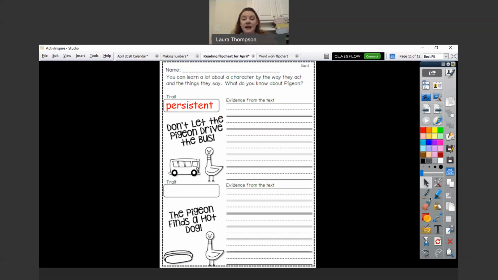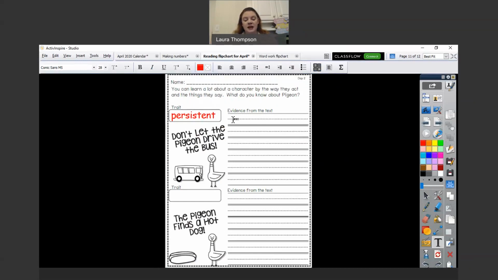So from the text, from the book itself, how is he persistent? So how was he persistent? He kept asking to drive the bus.